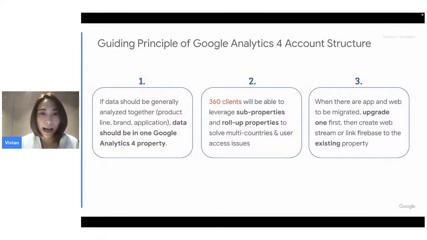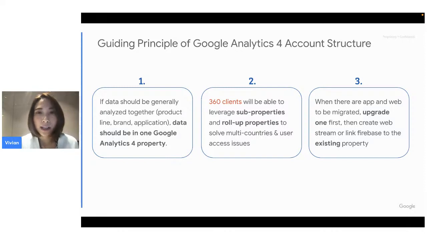We have an early access interest form that was sent through emails a few weeks ago. The link will be attached on this slide later. So you might want to look at this and sign up for your clients if they're interested.